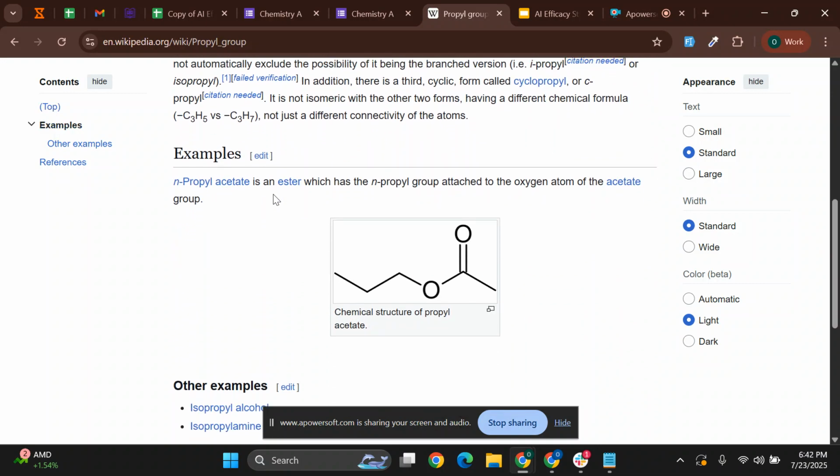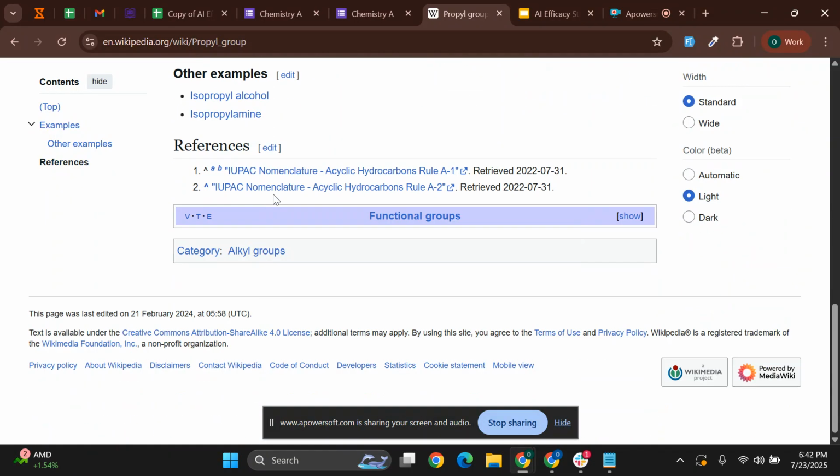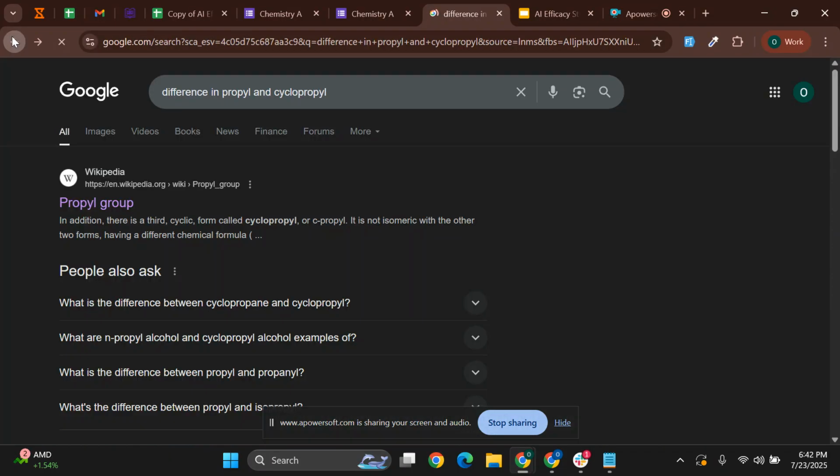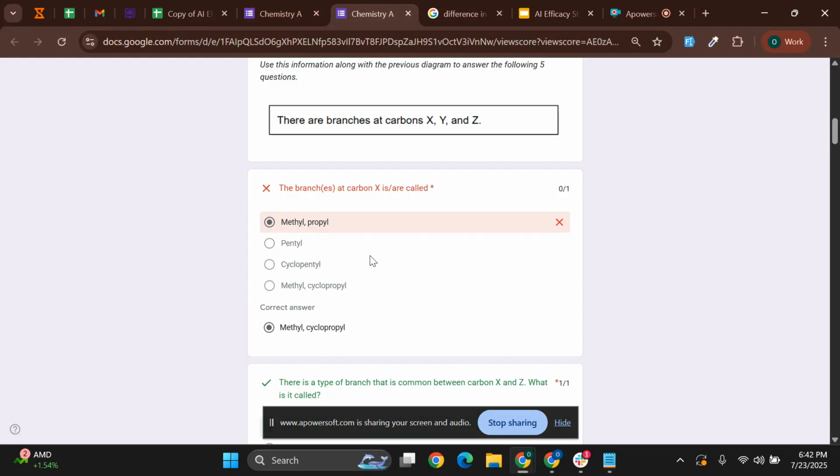So, n-propyl acetate is an ester which has the n-propyl group attached to the oxygen atom of the acetate group. Okay, this is about the propyl group.